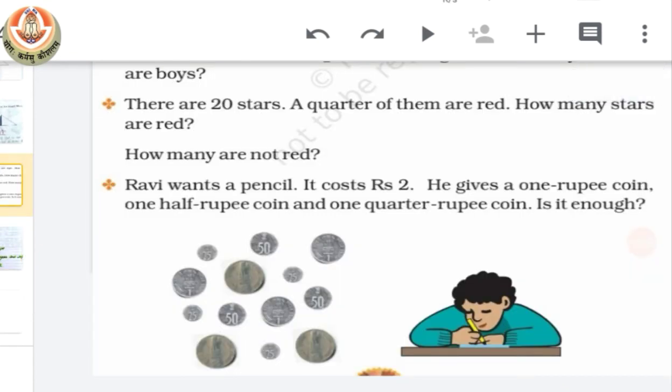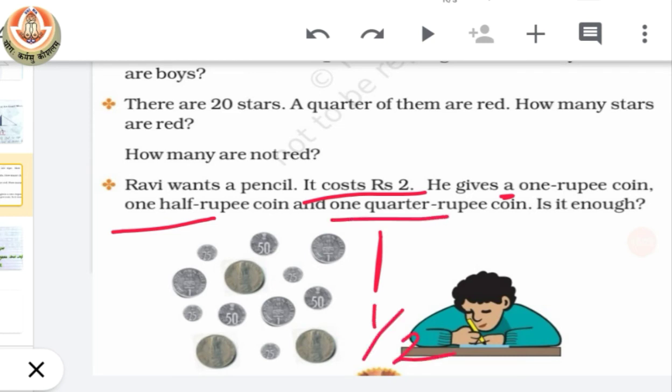Fourth question is, Ravi wants a pencil. It costs rupees 2. He gave 1 rupee coin, a 1 rupee coin, 1 half rupee coin, okay, and 1 quarter rupee coin. And we have to answer these are enough to buy that pencil or not.